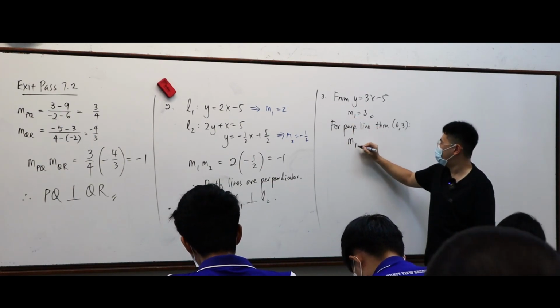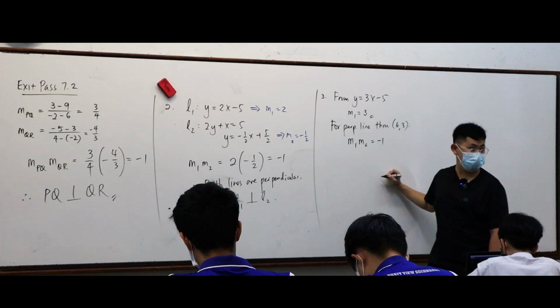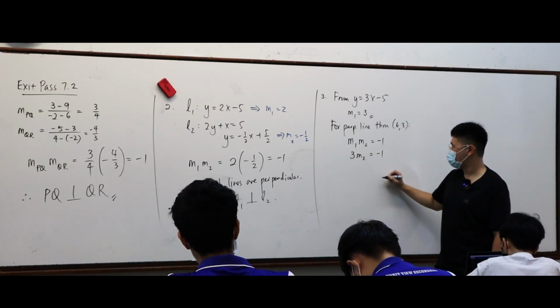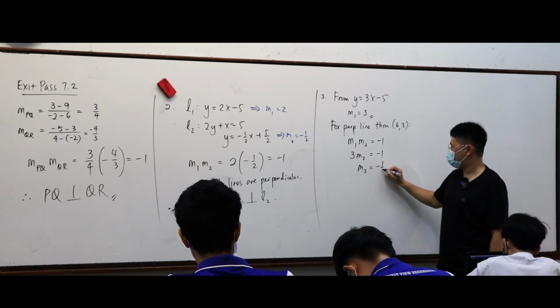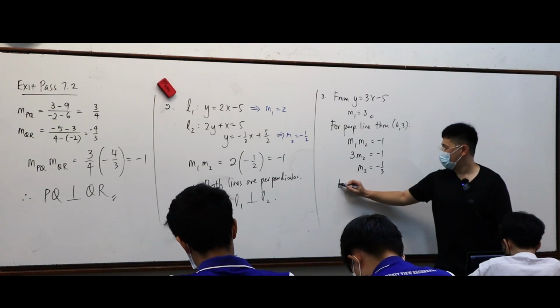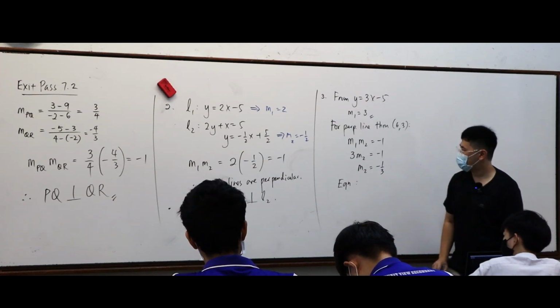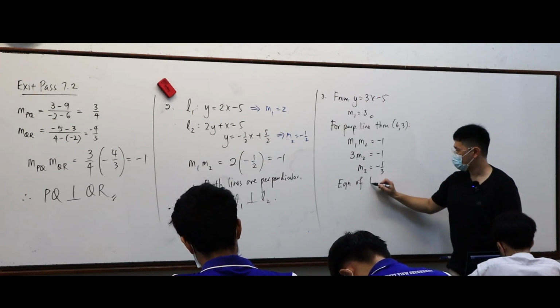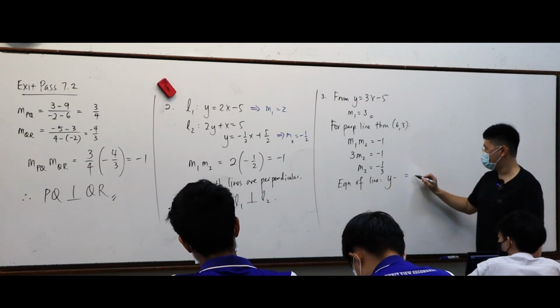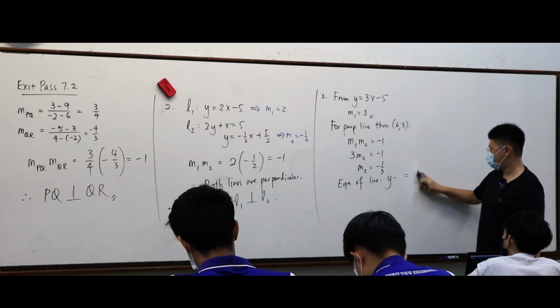So for the perpendicular line, M1 times M2 is -1. So the first gradient is 3, second gradient is M2. Okay, so we have the gradient for the perpendicular line, -1/3. So the equation of the line is going to be y minus y1 equals m times x minus x1.